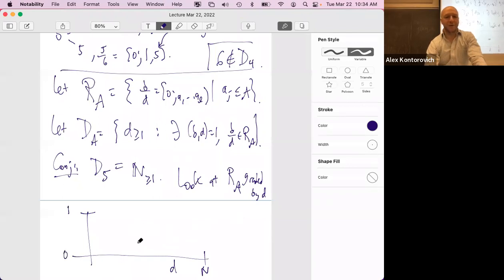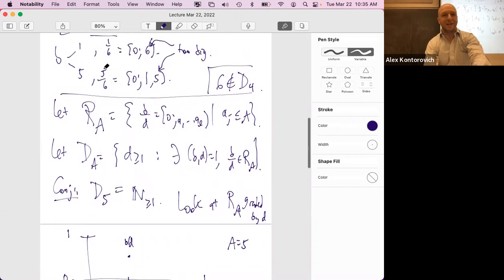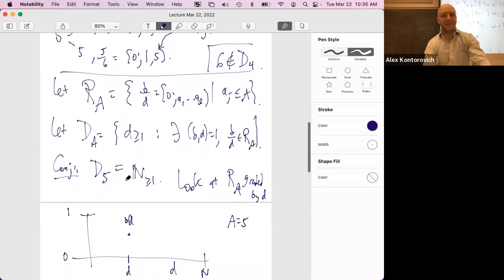Every time I have a fraction B over D, I put that fraction at X coordinate D, for that denominator. If we set A equal to 5, then we get some values. In particular, with D equals 6, I only get the number 5/6, so this is the point 6, 5/6. I'm plotting D, B over D for every B over D in R sub A.